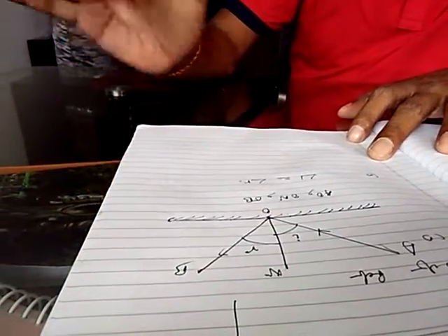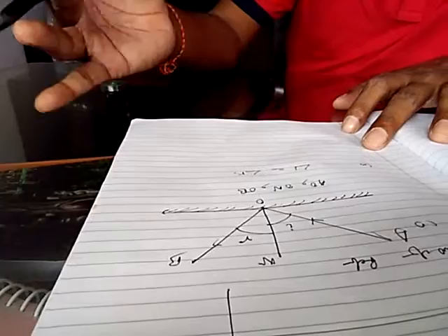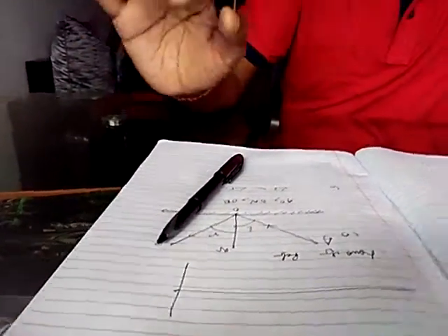Now there are two kinds of reflection, regular and irregular reflection. Whenever a ray of light falls from the sun onto different surfaces like the earth, leaves, stones, water, then depending on the smoothness or nature of the surface, regular or irregular reflection can happen. If the ray of light falls on a smooth surface, then regular reflection happens.